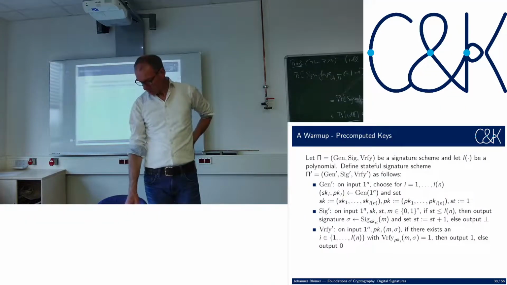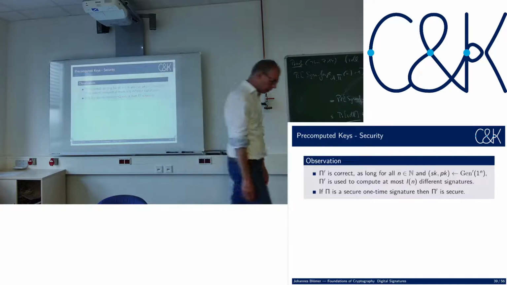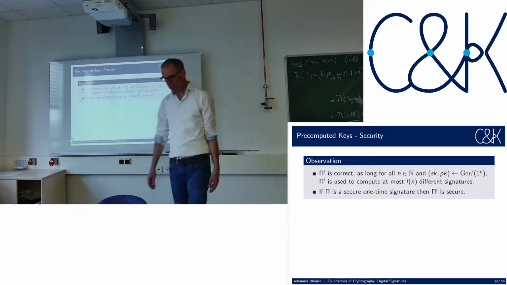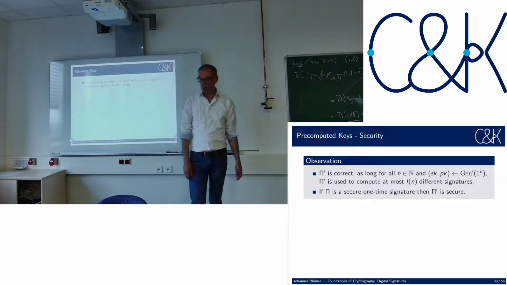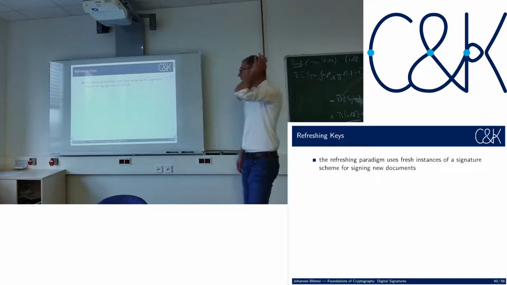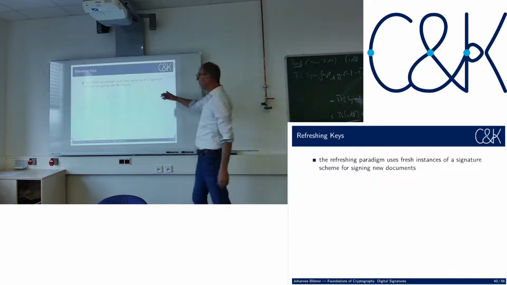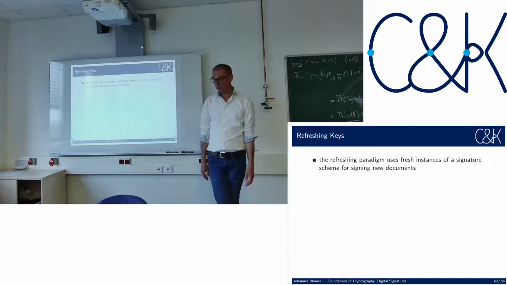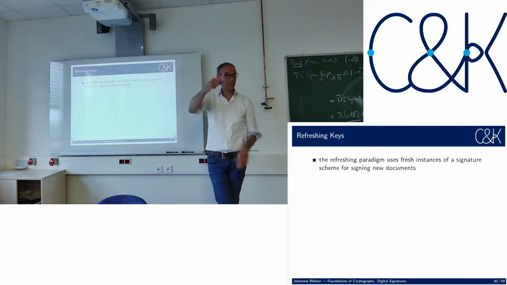Okay, so we want to get around this wastefulness of pre-computed keys, and there is an important technique to do that, which is often called the refreshing paradigm or refreshing keys. The refreshing paradigm uses fresh instances of a signature scheme for signing new documents. This is what we did for pre-computed keys as well.